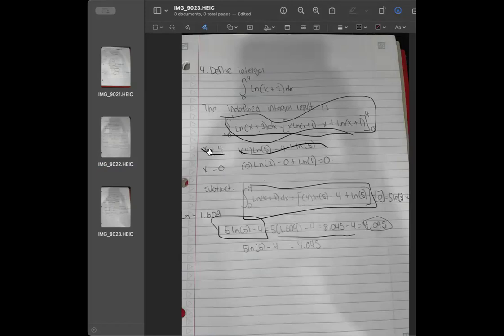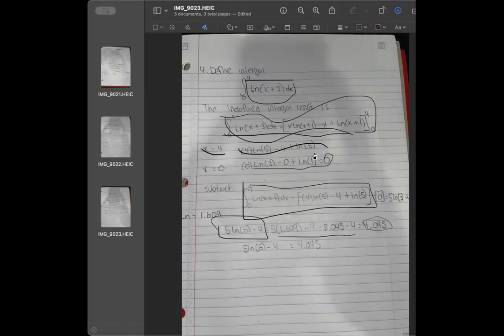Then you evaluate at x equals 4 in the interval, and you get 5 ln(5) minus 4, if I'm not mistaken. And you substitute in the 0, and 0 times anything again is going to be 0.